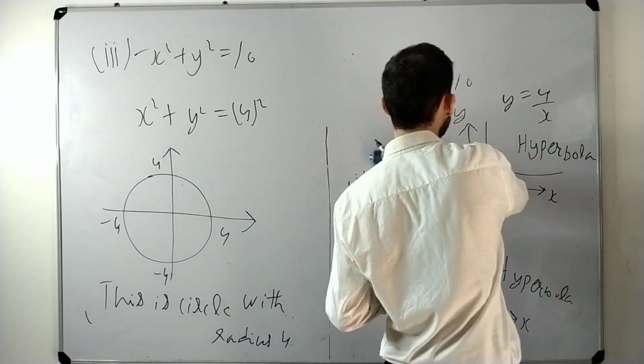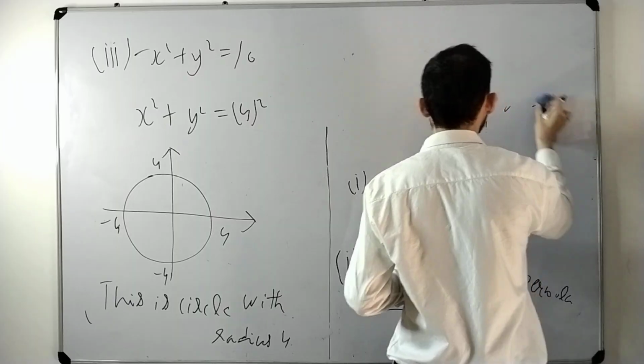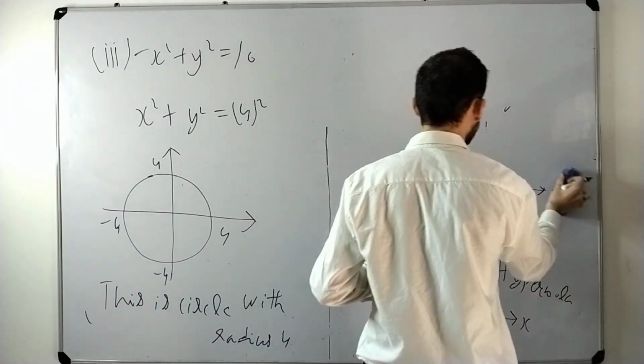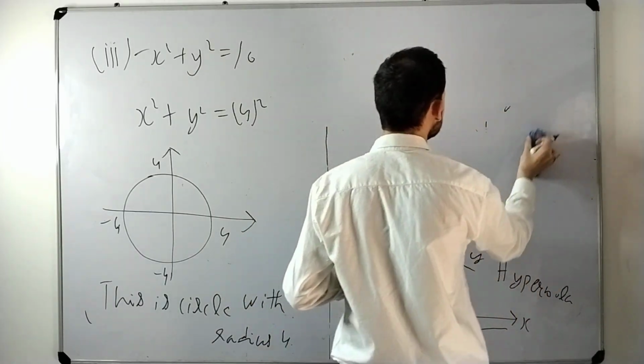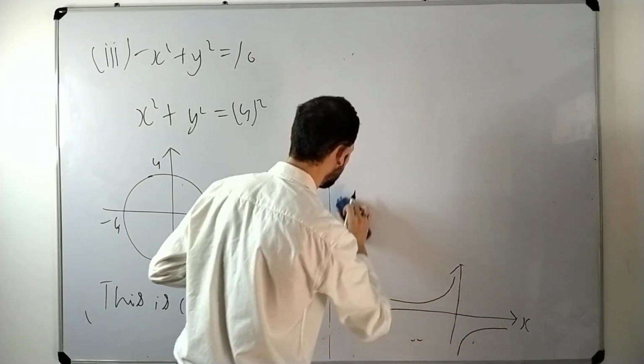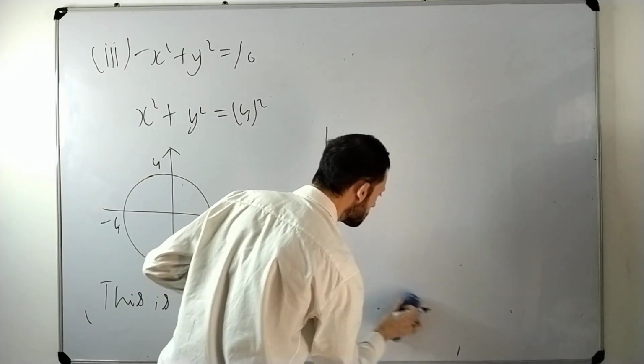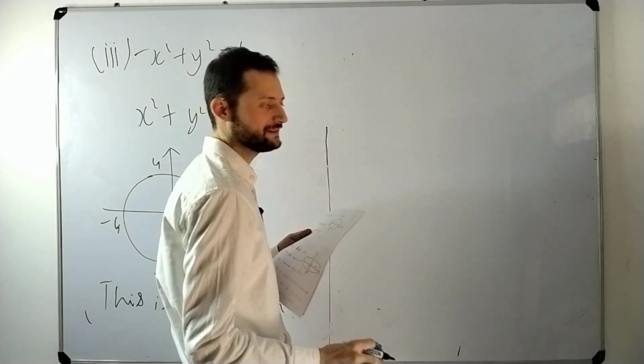Now the last, ellipse. You think of yourself what could be the graph of it, while I am erasing.